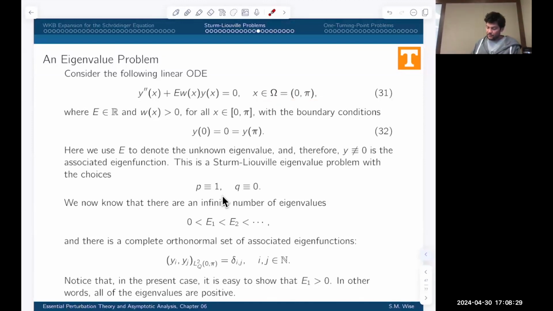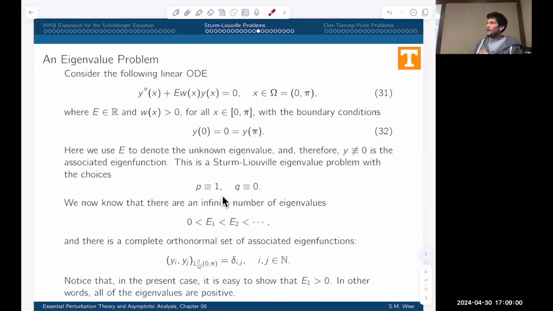E here is some real number, and I'm looking for solutions that satisfy this differential equation with these homogeneous Dirichlet boundary conditions. So this is an eigenvalue problem because I'm not going to specify what E is, I'm going to calculate what E is. I'm asking what pairs E and Y satisfy this equation, where Y has to be non-trivial.